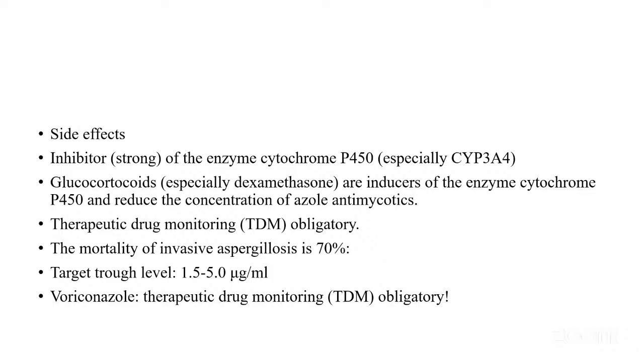Therapeutic drug monitoring is obligatory, as levels often fluctuate with metabolism depending on the cytochrome genotype. The mortality of invasive aspergillosis is 70%, so carrying out voriconazole therapy today without therapeutic drug monitoring is malpractice. Target trough level is 1.5 to 5.